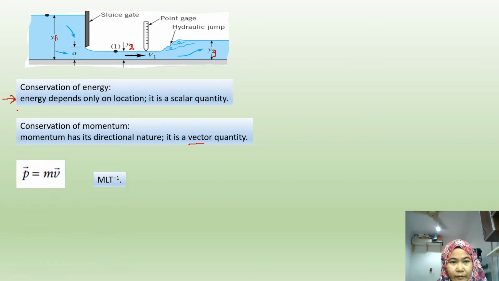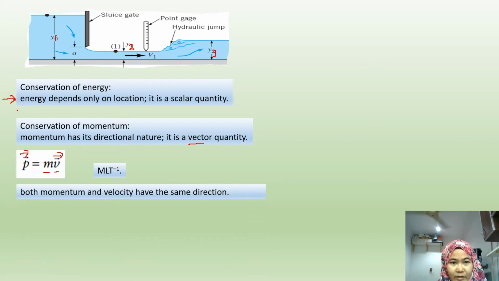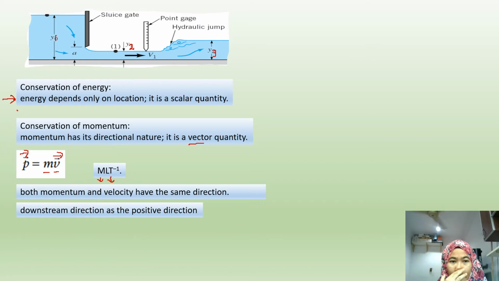The formula is momentum equals mass multiplied by velocity. Momentum and velocity have the same direction. The downstream direction is taken as the positive direction.